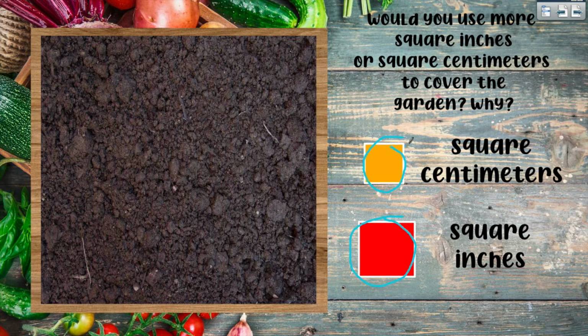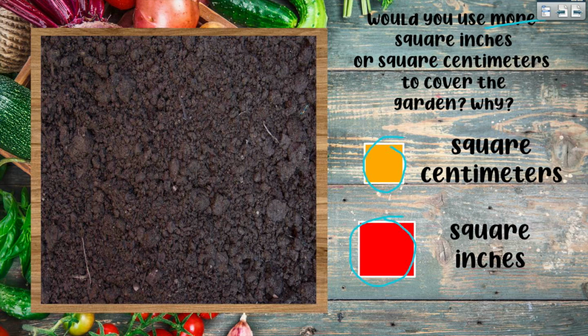You're right, centimeters is smaller than inches. So now we need to think about which one would we use more of? Would we use more square centimeters to fill the garden or more square inches to fill the garden? You're right, we would have to use more square centimeters to fill the garden because it is the smaller unit.